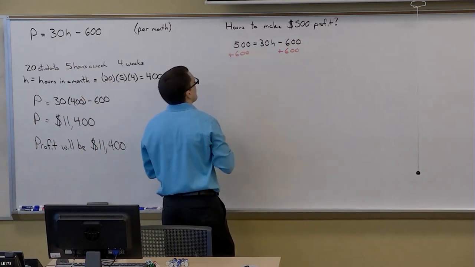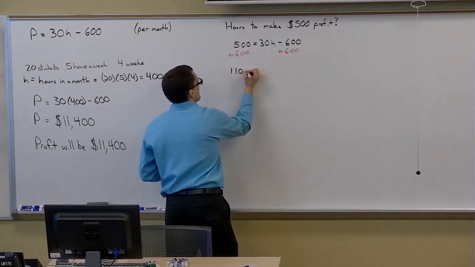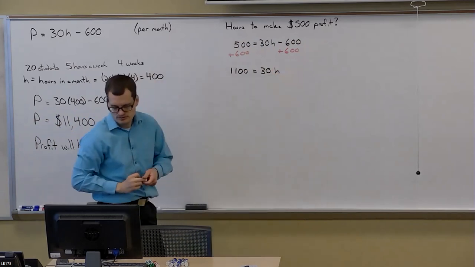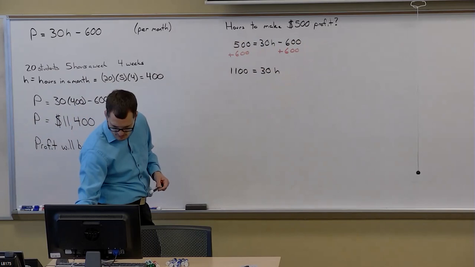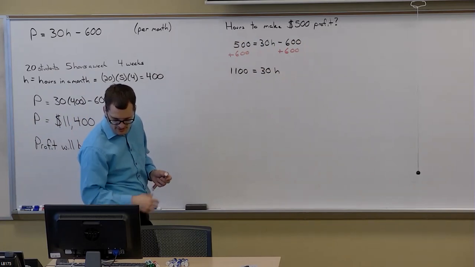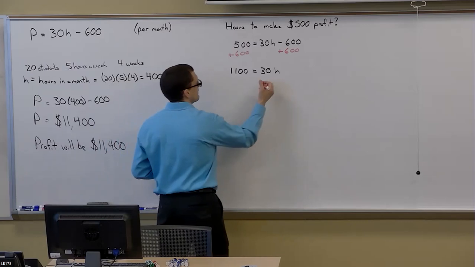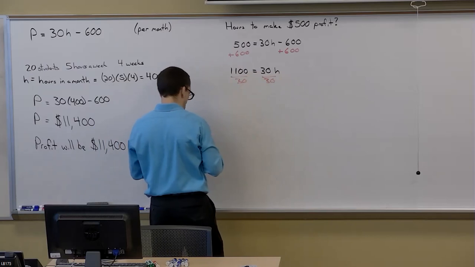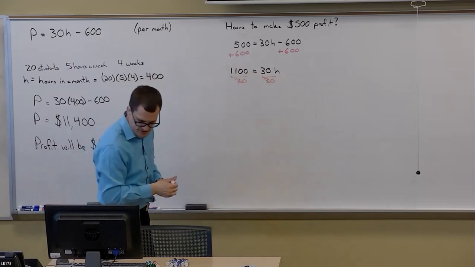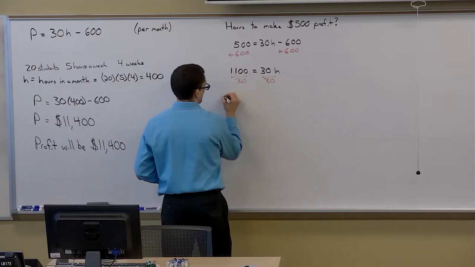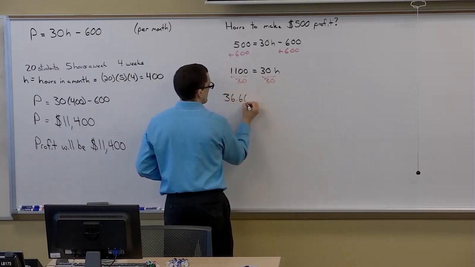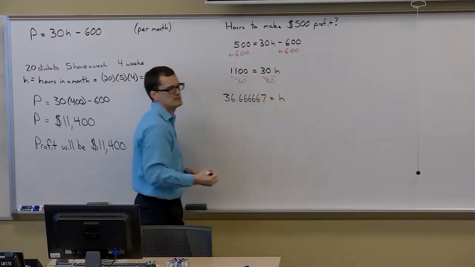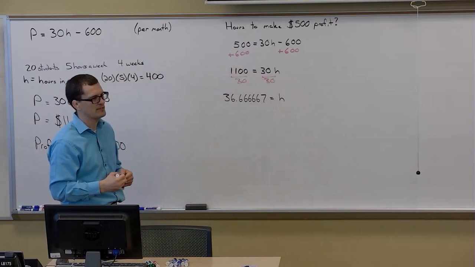That'll give 1,100 is equal to 30 times H. Then divide both sides by 30. And we get an H, which is equal to 36.666667. That's just rounded, obviously.